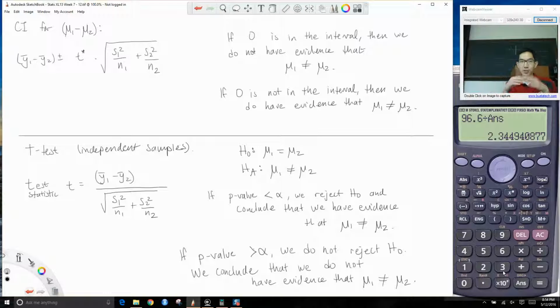And so there's a close relationship between t-tests, especially for independent samples, and confidence intervals. In fact, the results are almost interchangeable. If I may, I'm going to flip to the next slide, but it looks like some of you are still writing.